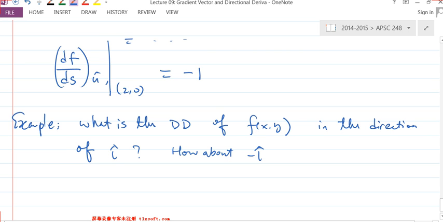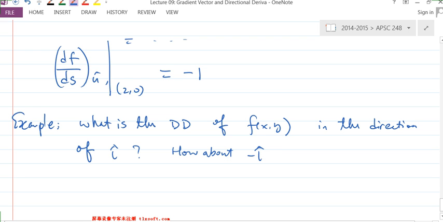Don't calculate. Just read it and think about this for a second. What would be the directional derivative of this guy in this direction, i hat? So i hat is the direction walking, right? And then if I change the word a little bit, i hat is what direction?